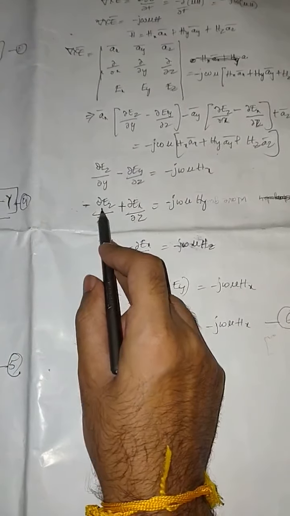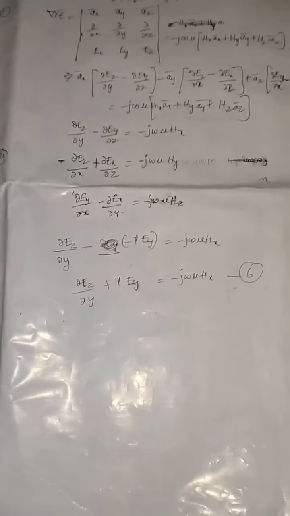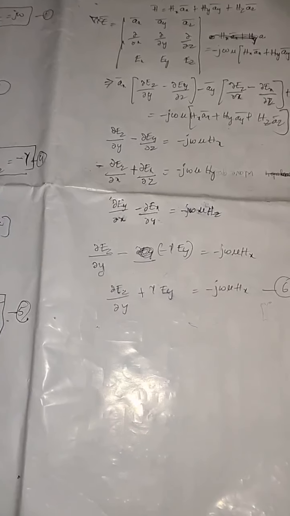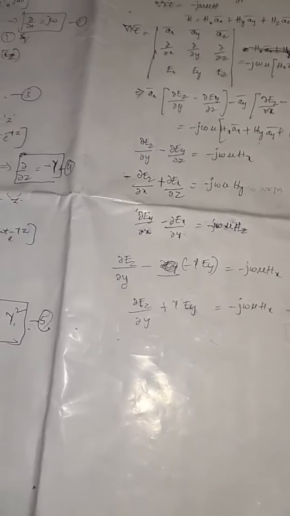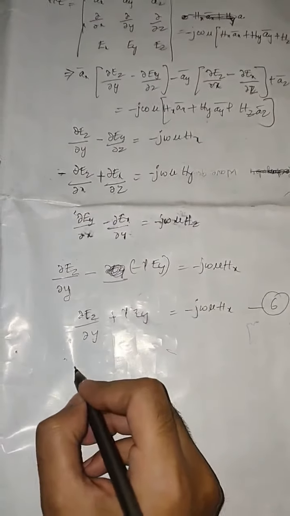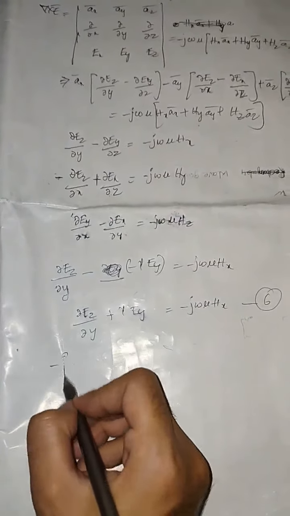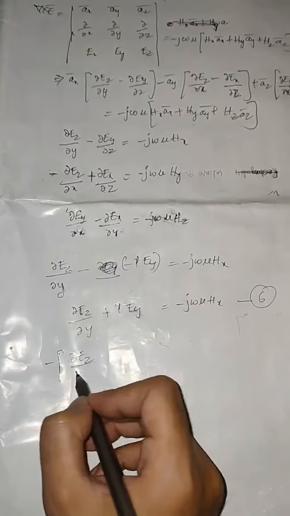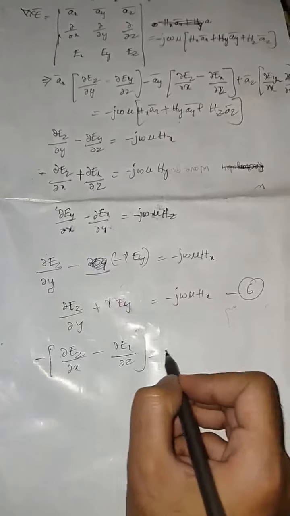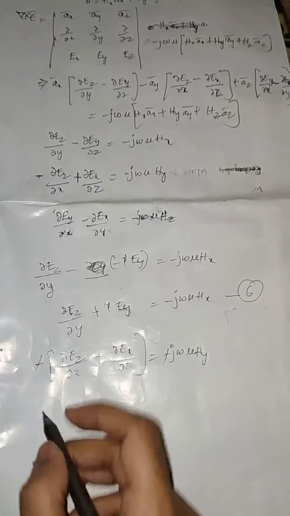Before writing that, take a minus common on this side. If we take the minus common, you will get a negative sign in the middle. Taking the second equation, if you take minus common, ∂Ez/∂x minus ∂Ex/∂z is equal to minus j omega mu Hy. Here minus minus gets cancelled.